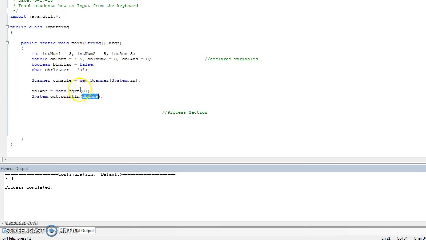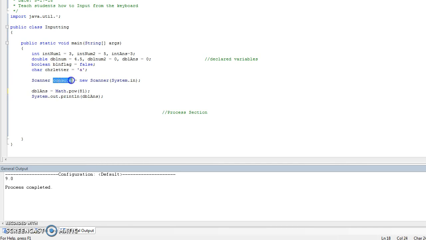If I was using pow, P-O-W, again, I would just go ahead and use Math.pow. I don't have to use an object. These are called static methods because we just call the methods directly from the class. The Scanner class is non-static.